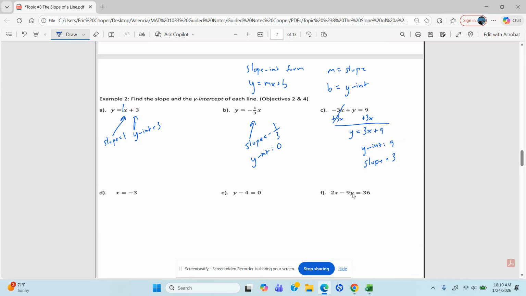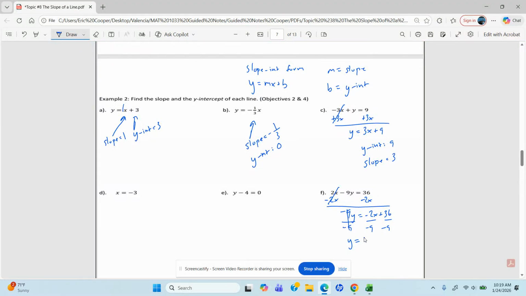Same thing with F. I got to go through and I have to solve this and put it in slope-intercept form. I got to move the 2x in order to get rid of the positive 2x. I'm going to subtract the 2x to the other side. Negative 9y is equal to negative 2x plus 36. Dividing everything by negative 9 cancels out here and leaves me with y.